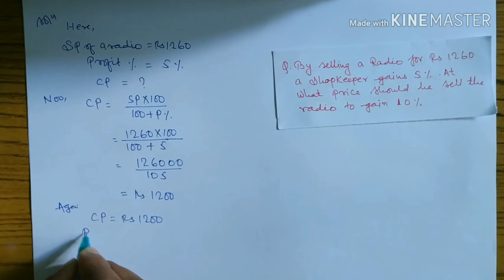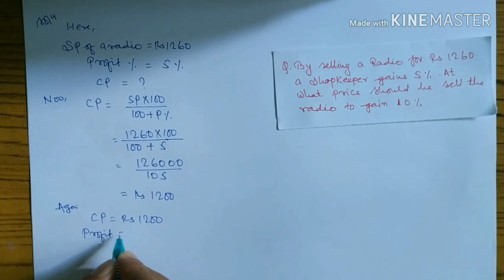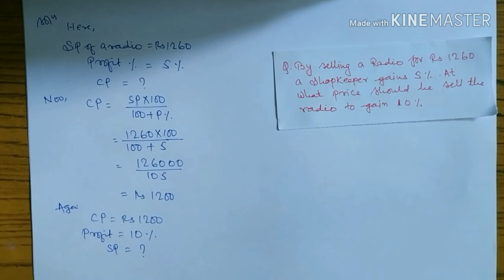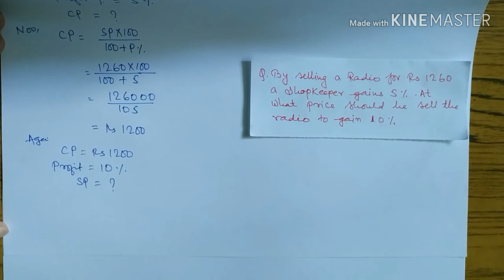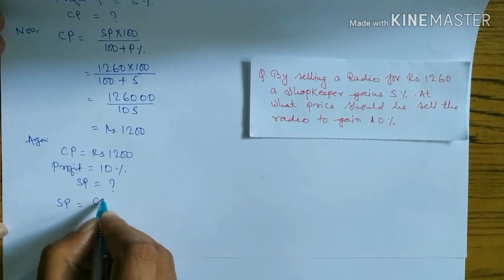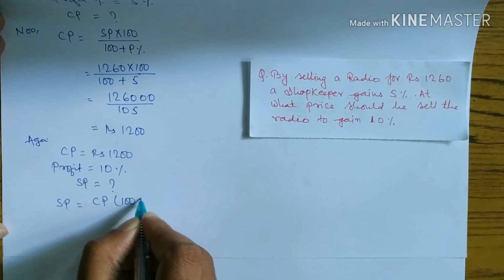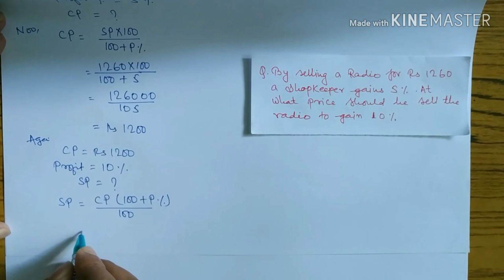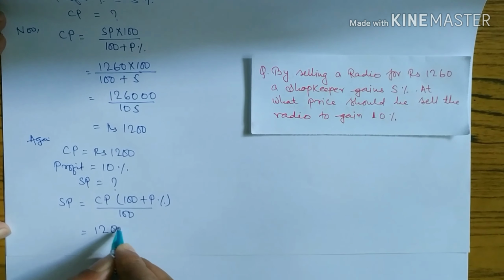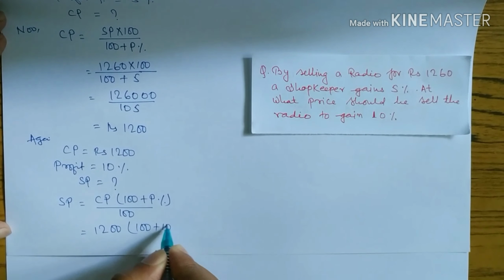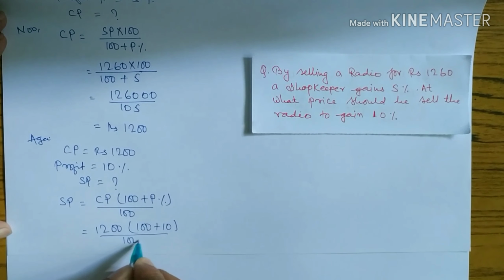Now he wants to get profit 10%, so at what price does he have to sell? So SP we have to find out. Now what is the formula of SP? CP into 100 plus profit percent by 100. Now put the value: 1200 into 100 plus 10 by 100.